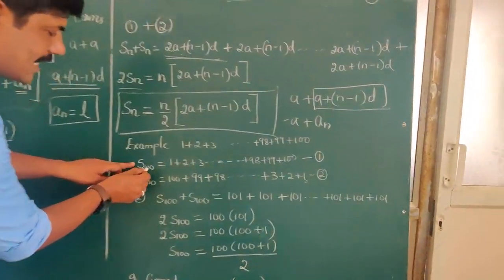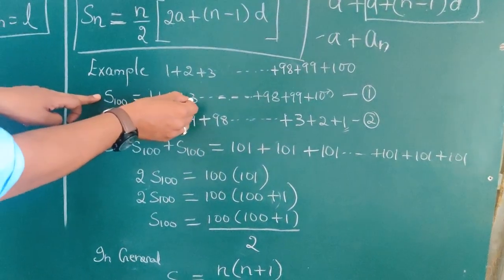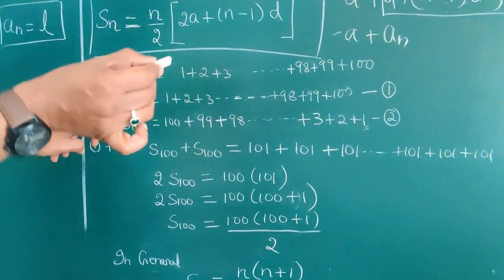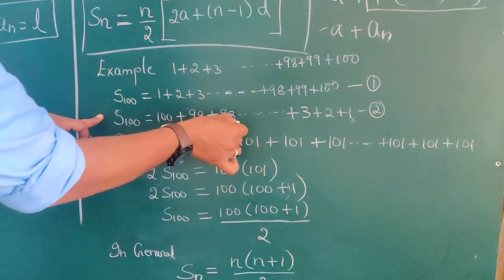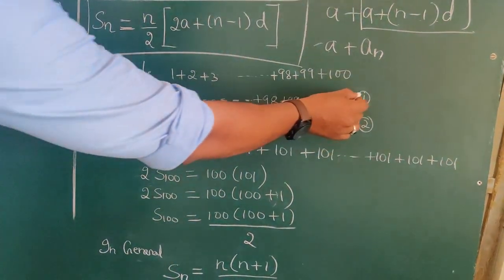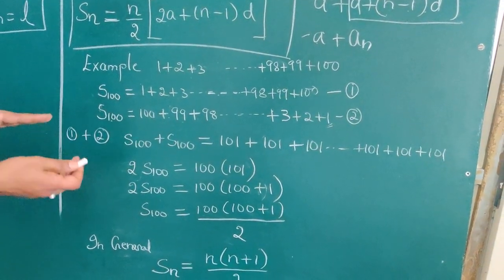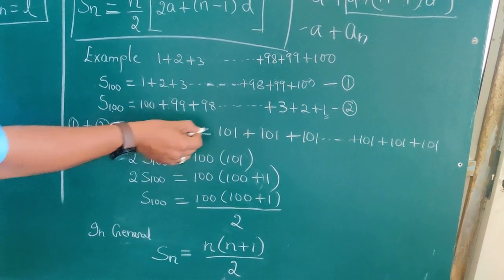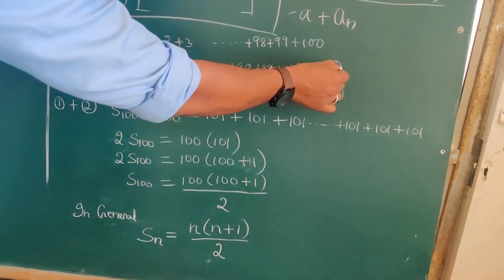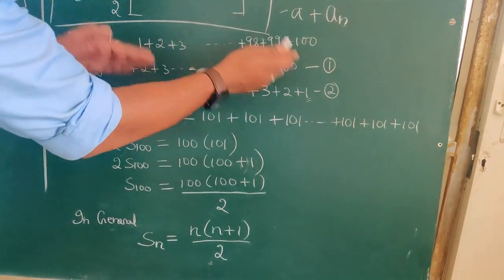Now S100 is equal to 1 plus 2 plus 3 plus up to 100. S100 is also equal to 100 plus 99 plus 98 up to 1. Now you take these as 1 and 2, and add 1 and 2.